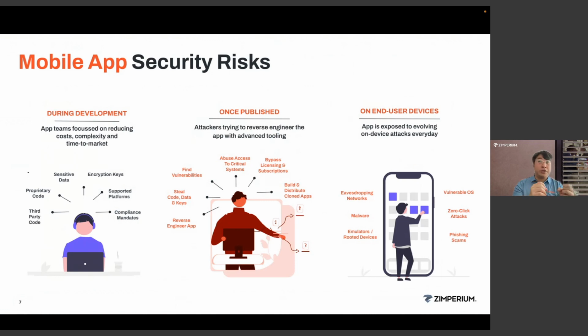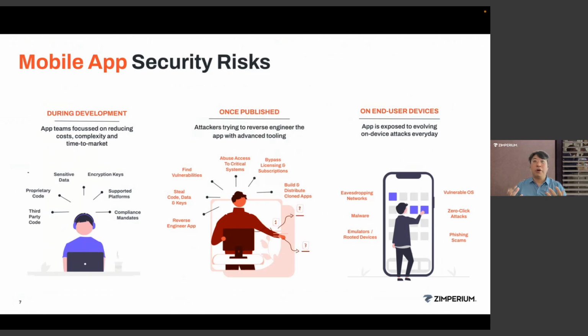Then we move on to once you publish the app, right? The other challenge we hear from a lot of customers today is that they do not have visibility on who is downloading their app and how their app is being potentially compromised or attacked in the wild. Because everything that the development team and the security team have done so far is that I pen tested the app, I put in best practices, security certificate pinning, encryption of the data at rest, in transit, etc. But once it's released, right?